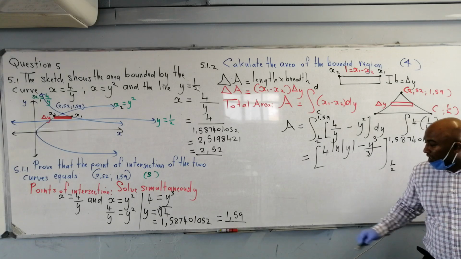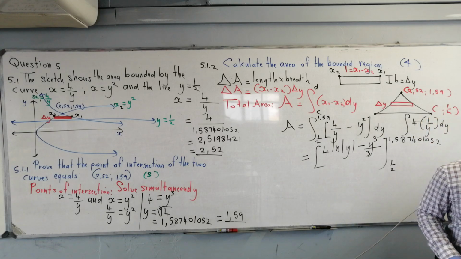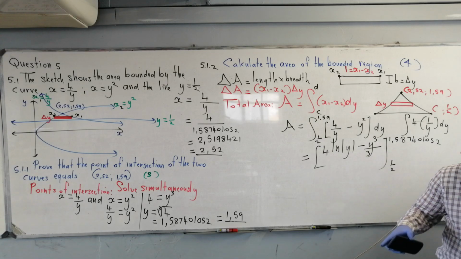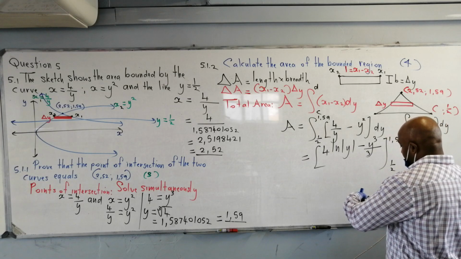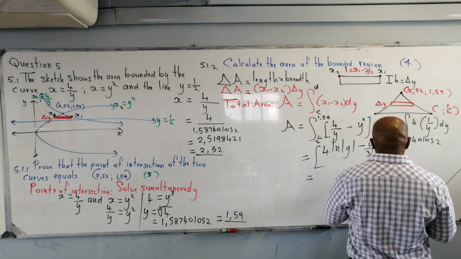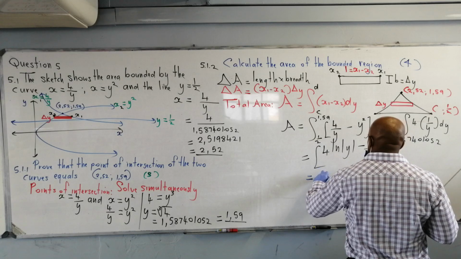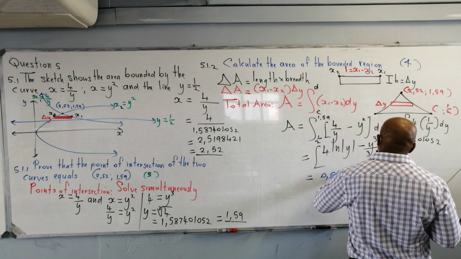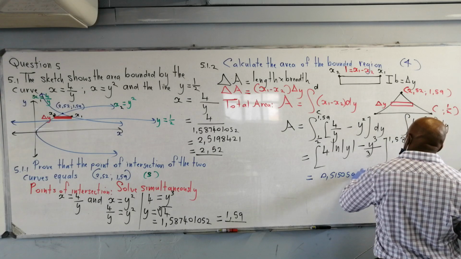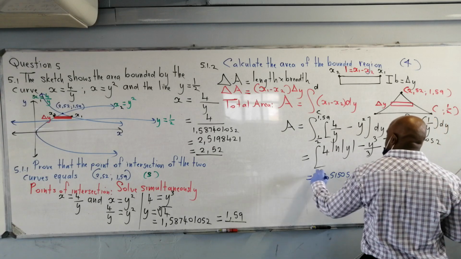And what do we get now? When we substitute the first upper limit there, we get 0,515,059,1482.